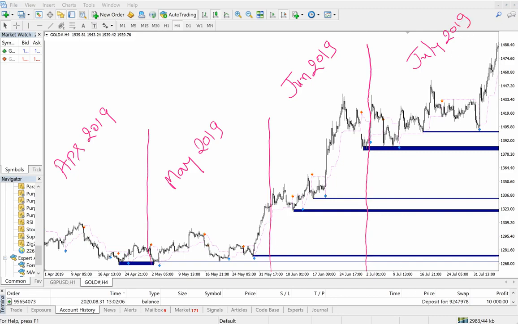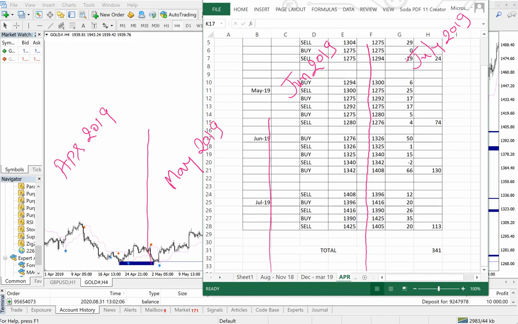So as you can see, April to July, and the points that we gained in April, it was 24, in May 74, please verify, and in June 2019 130 points, and then 113.